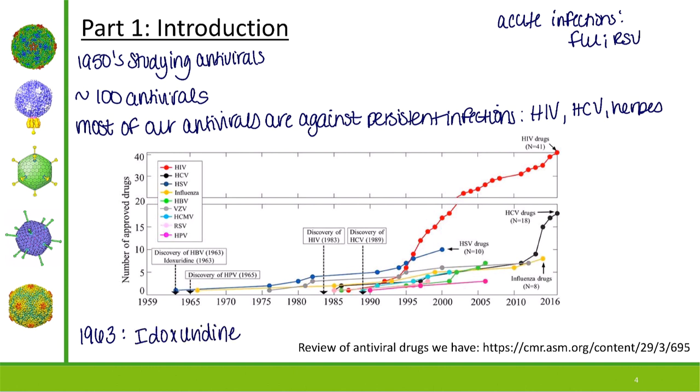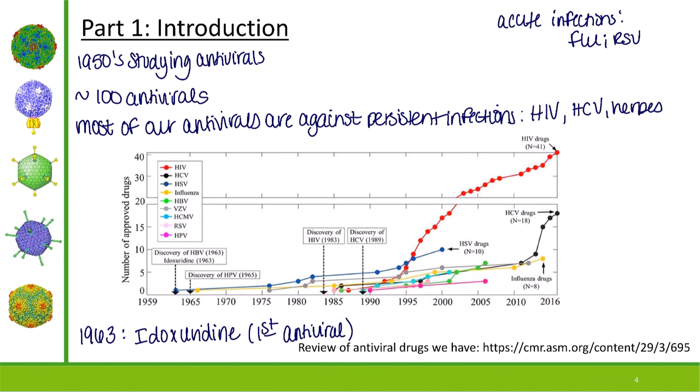Idoxuridine is a nucleotide analog, and you can probably guess from the name that it is a deoxyuridine, a uridine analog. It has an iodine added to the uridine, and what it does is it stops base pairing. So this was our first antiviral.